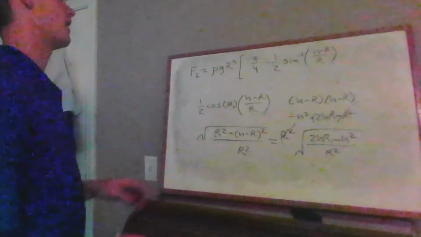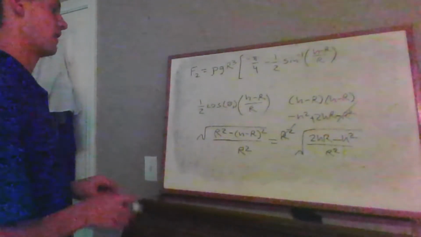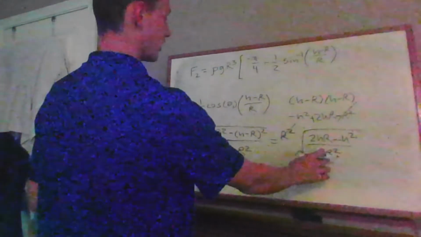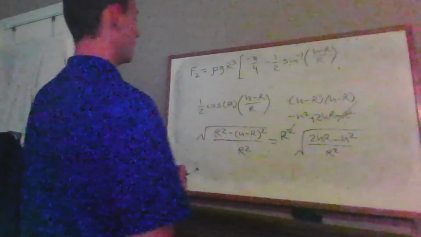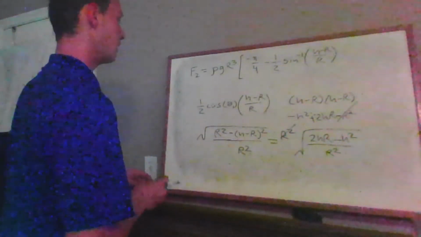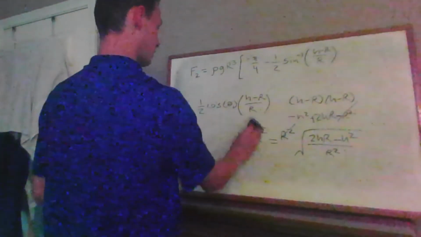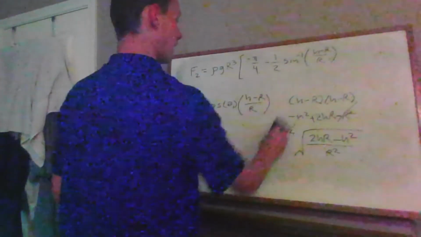And then we multiply that by 1/2. Okay? So one thing that we could do here is we can take out an r as well. So that obviously is very good. And that will give us a new expression here.